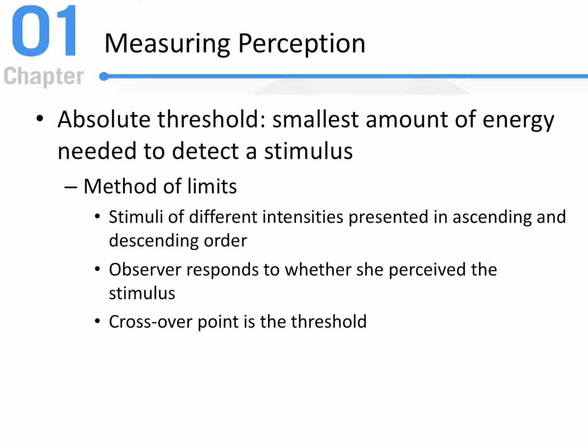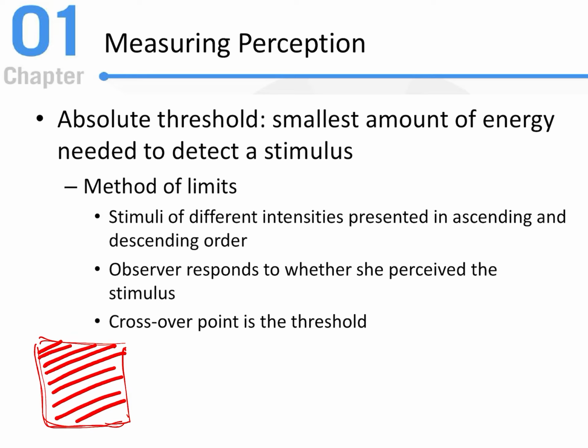Now, when we are measuring perception, we use something called absolute threshold, which is the absolute minimum, smallest amount of energy needed to detect that a stimulus is there, okay? So, for example, let's say you're in a bedroom, and it's dark.